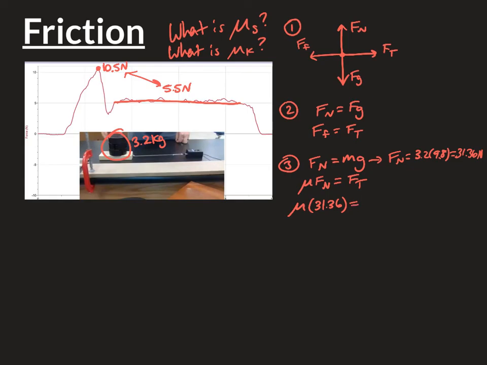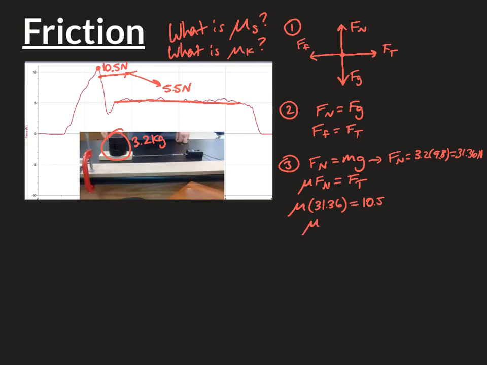And where am I going to get the tension force? Well, the graph is graphing the force in the sensor, which is the force in the string that's connected directly to the sensor. So for static friction, if this is not moving, that force maximum is 10.5 newtons.